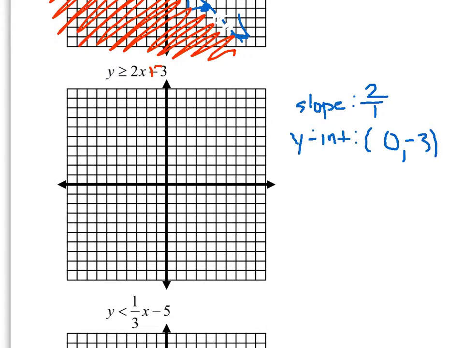Zero, negative 3. So I'm going to graph 0, negative 3, rise 2, run 1. And this time I'm going to think more carefully before I start to graph. Should this be dashed or solid, Julia? Solid, because it has the or equal to portion.